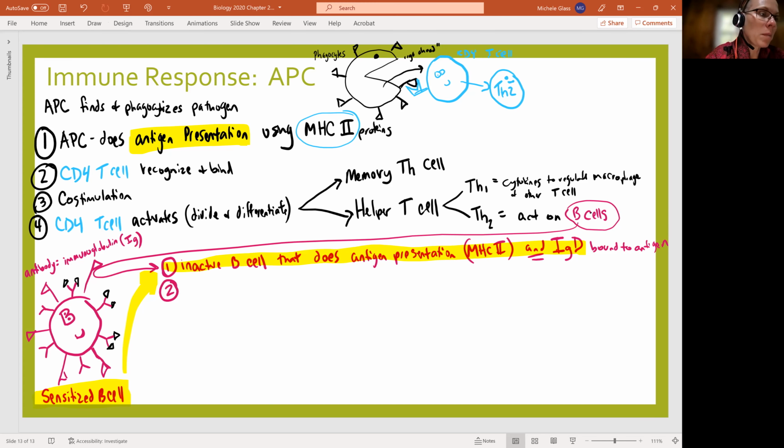Remember that our next step is recognition and binding. And so what we see here is the helper T2 cell is going to do the recognize and bind.